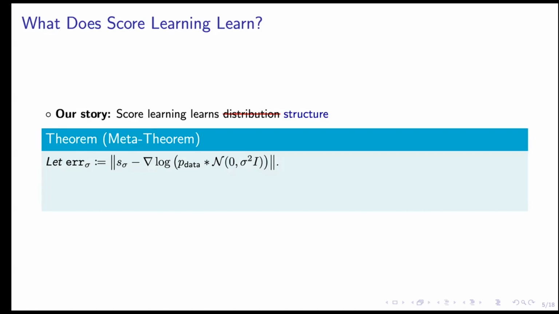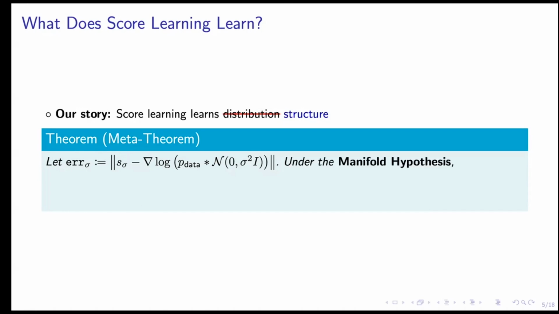So here I'm going to present a meta theory that shows this idea, give an intuition on how we prove it, and then dive into our main theorems. Consider the error epsilon sigma as your score error, the error between your score and the ground truth score, the gradient of log P data convolved with a Gaussian.